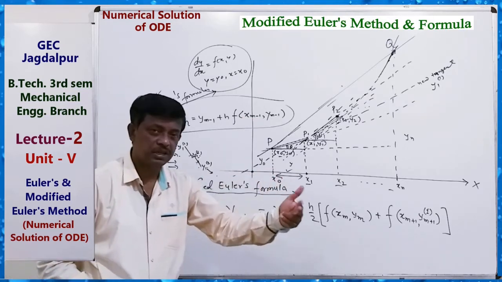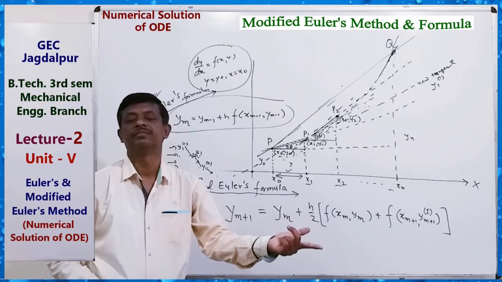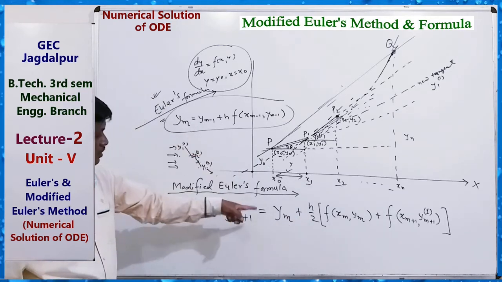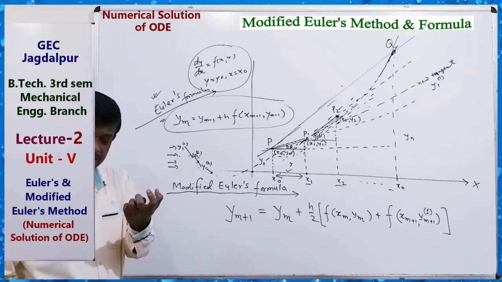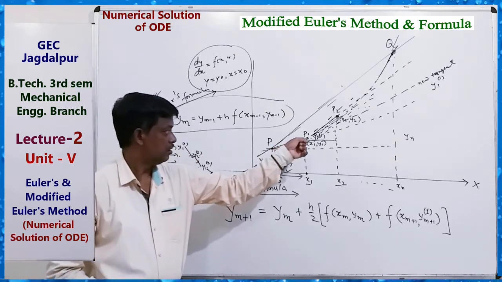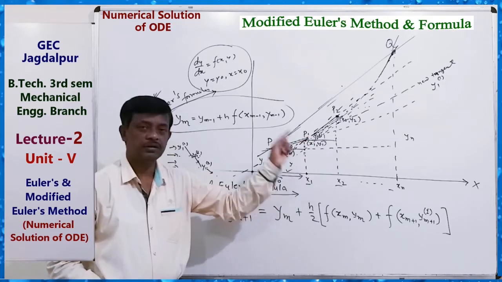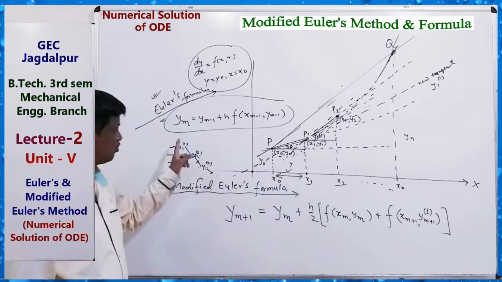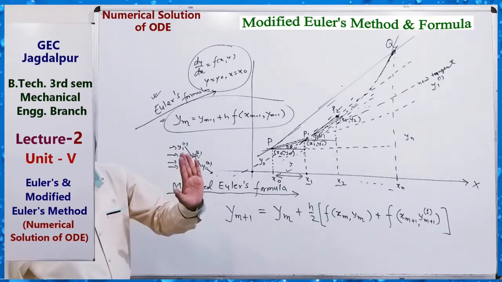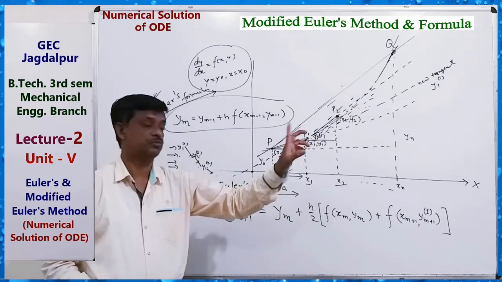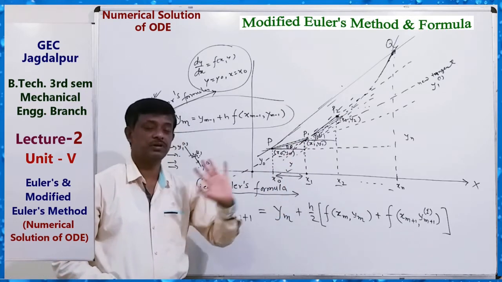When two approximations give the same value, that will be our required value of y for the targeted point. Clear? So these two formulas are useful. For the first approximation we use Euler's formula, and for further approximations we use the modified Euler's formula.